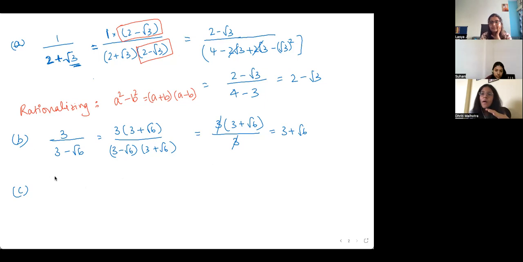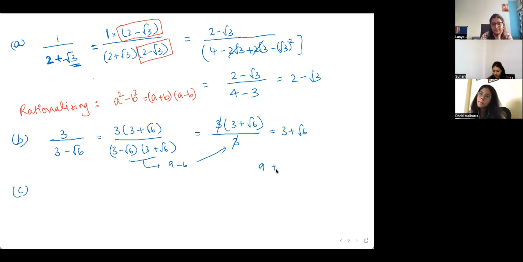Okay. What did I do in the denominator? Same thing. Whatever you did. 3 square minus root 6 whole square आएगा. So this basically becomes 9 minus 6, which is equal to 3. Okay. अच्छा, you kept the numerator as. हाँ. See, same thing.